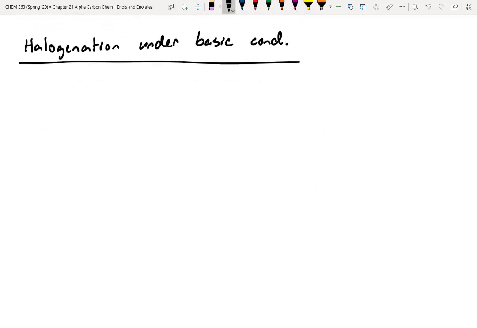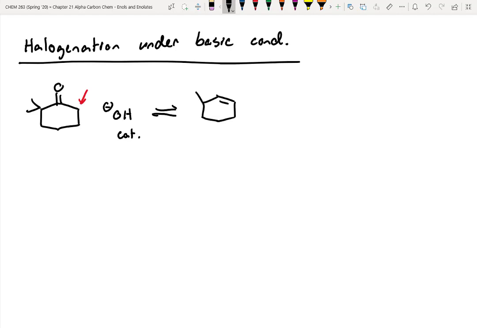And what you could do is, let's say we have this ketone and we treat it with catalytic hydroxide under equilibrium conditions. We only have alpha protons here, so we'll only get one type of enol. And the double bond can only form on that side.